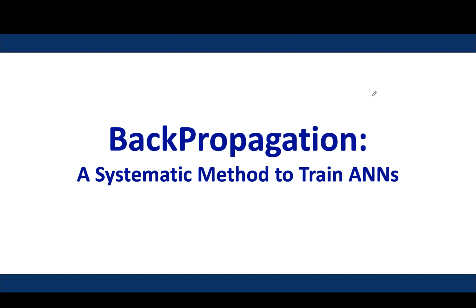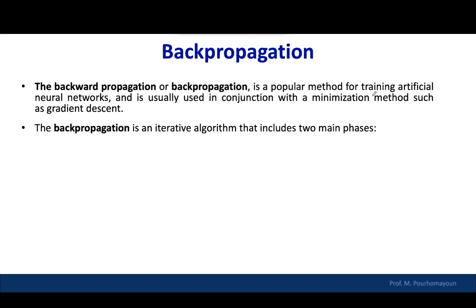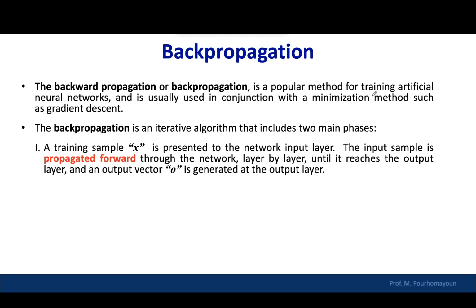Okay, so backpropagation, as I mentioned, is a systematic method to train a neural network. Suppose that I want a structured algorithm for training a neural network based on the theory that we just learned, and backpropagation will give it to us.